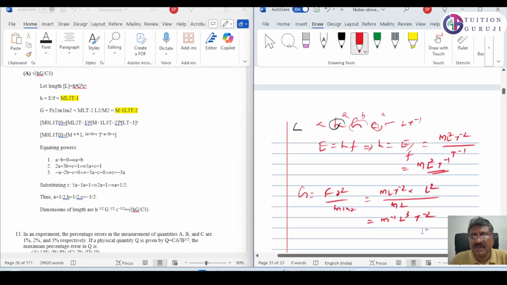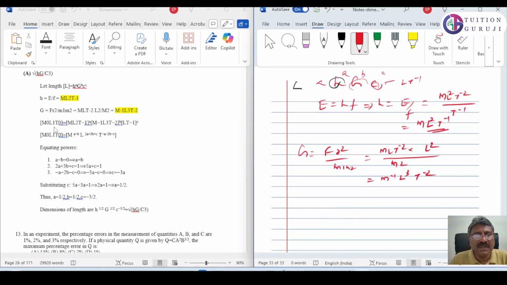If we equate these, we are finding L. On the left side, M is 0, T is 0, equal to h, which is M L square T raised to minus 1, raised to a, then G, which is M raised to minus 1 L cube T raised to minus 2, raised to b, into c, which is L T raised to minus 1, raised to c.